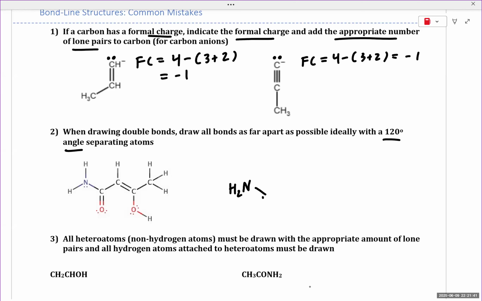NH2, O, then a carbon-carbon double bond, followed by a CH3 group, which we don't write out the full CH3, and then our OH group.